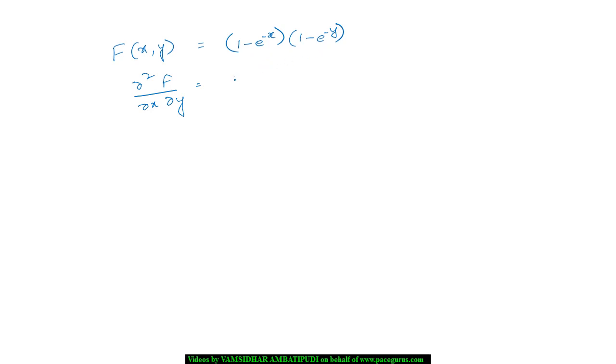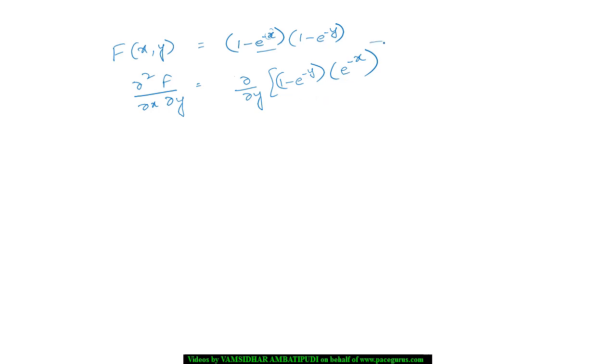Then y is constant, so I'll take it as dou by dou y times 1 minus e to the power of minus y, and the derivative with respect to x of 1 minus e to the power of minus x. Because the derivative of this is e to the power of minus x, and the derivative of minus x is minus 1, it becomes e to the power of minus x.